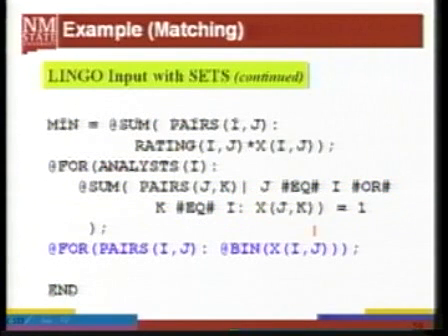And because we want X to be restricted to being either 0 or 1, we need to add a bin statement to the X variable, okay? And as you know, a bin function restricts a variable to being binary integer, like 0 or 1, right? And to apply a bin statement to all the variables of the X attribute, we just add the @FOR expression like this.